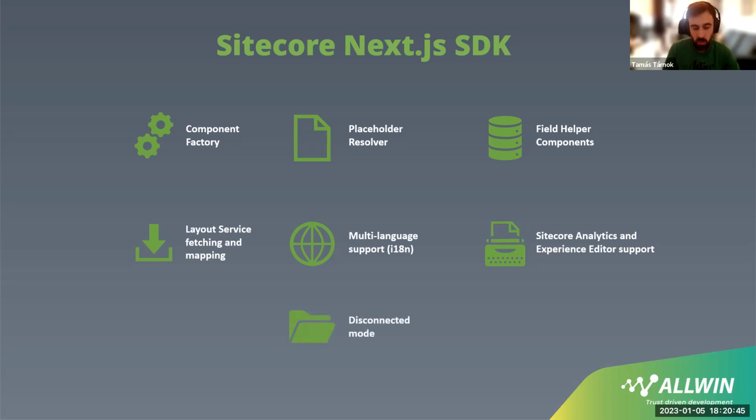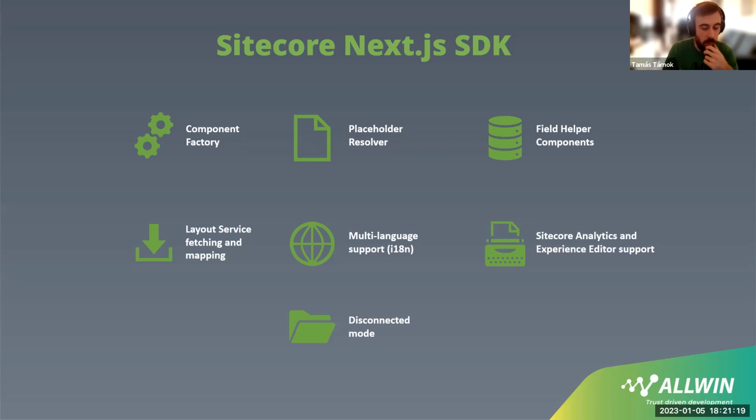And this also helped us a lot: the disconnected mode. This basically allows front-end developers to work with the Next.js application, with the Sitecore SDK, but without any connection to any Sitecore instance. Basically, we can work with mocked Sitecore layout service responses or mocked Sitecore pages, and then the front-end developer can use that.